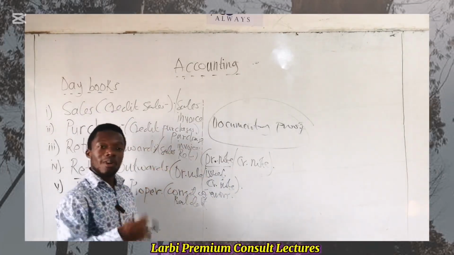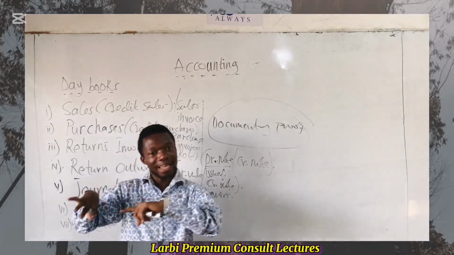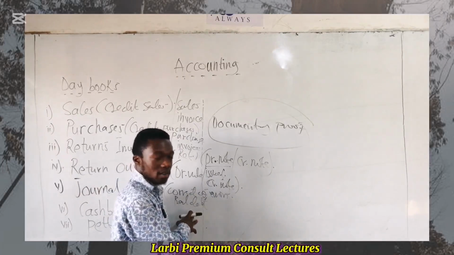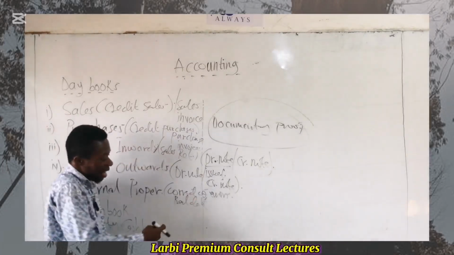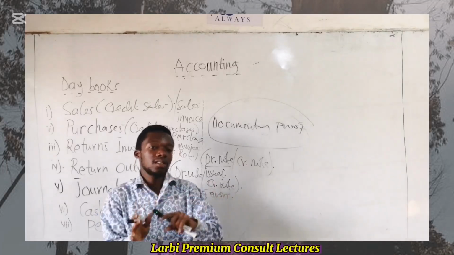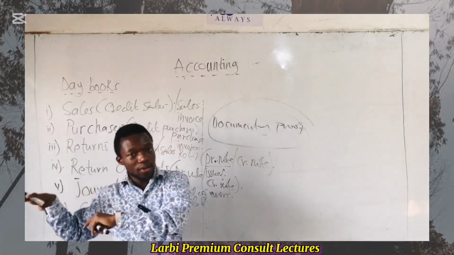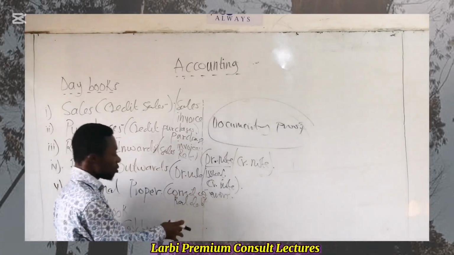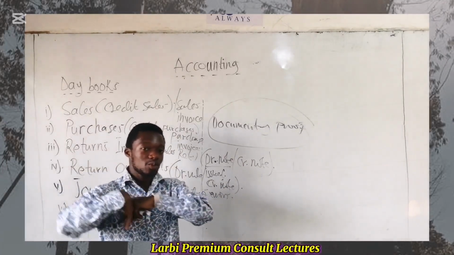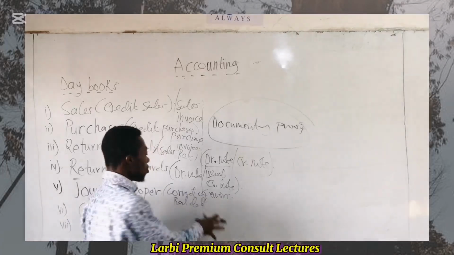We cannot recover that money at that point. So we'll call it a bad debt. Right? So that is the idea about bad debt. It can be that the customer is out of business, he is insane, he is bankrupt, or any other reasons that will make it impossible for the customer to pay the debt for us to receive as part of the cash we're supposed to receive for the period. We'll call it a bad debt.